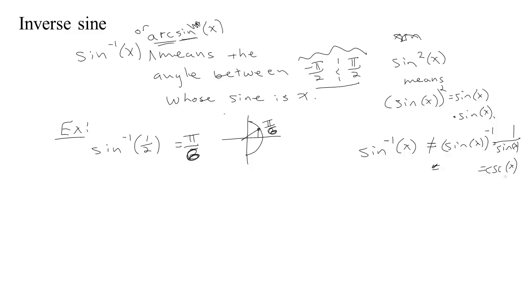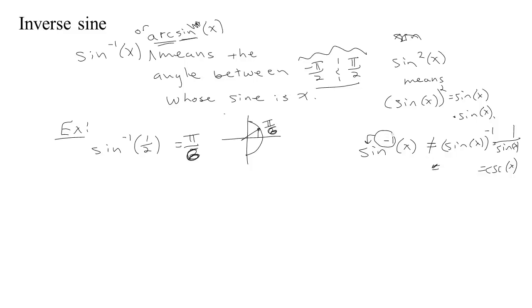The cosecant of x takes an angle and gives a number, but the inverse sine, this -1, is the -1 we use on the name of a function in order to indicate that it's an inverse. So the inverse sine can't be the cosecant, because the inverse sine has to give out an angle, and the cosecant doesn't give out an angle, it gives out a number, 1 over the sine. Okay, so just watch out for that confusion.